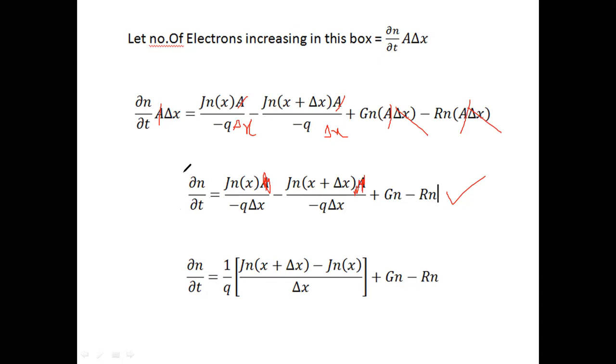So dou n by dou t equals Jn of x by minus q del x, minus Jn of x plus delta x by minus q del x. Okay. Plus Gn minus Rn. So take q as common and take it outside. Then minus of minus will become plus, and it will become the difference of Jn by del x, plus Gn minus Rn.